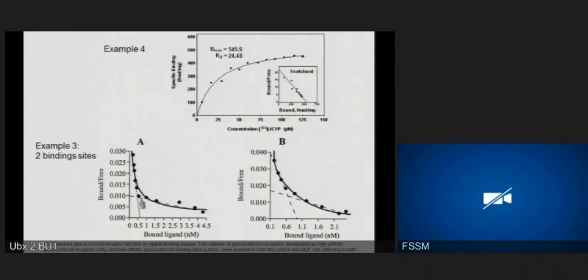And at the end they found 2 relationships, one with high affinity, because the slope is very high, so you have a high affinity, and here with low affinity. Okay, so this is almost the same in B, so I switch this example. So you can see the advantage using the KD.